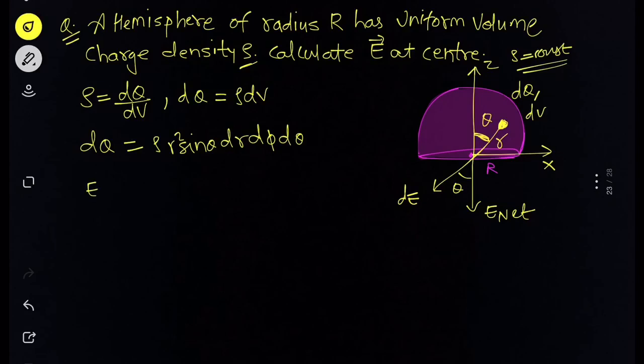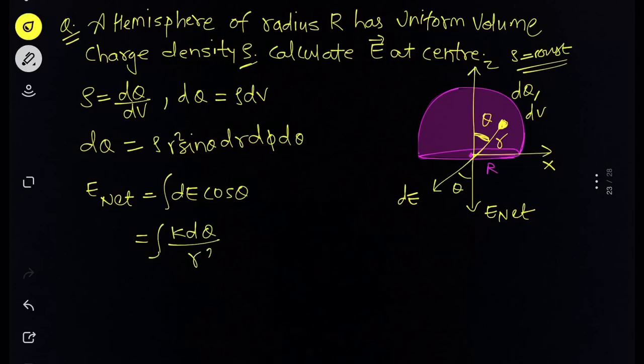So to find E net, we can write the component of dE in the direction of negative z. So it would be dE cos theta. Now what will be the value of dE from this diagram? We can write dE as k dq divided by small r square, because now the distance of dq from the center is small r, and here we have cos theta. Now let me just put the value of dq.